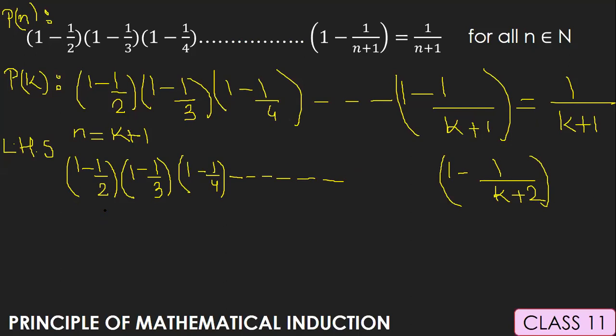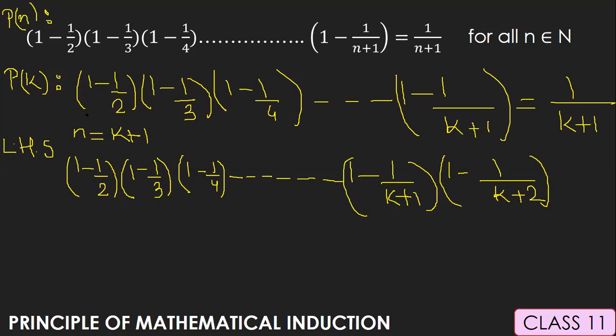As you could see, in each multiple there is an increase of 1. So in the first multiple, if it is 1 minus 1 upon 2, in the second fraction the denominator would increase by 1. So the number previous to this k plus 2 would be k plus 1. So I would be writing another product. The product previous to this would be 1 minus 1 upon k plus 1, right?